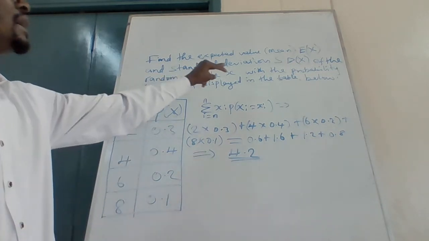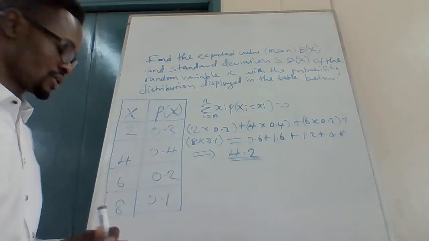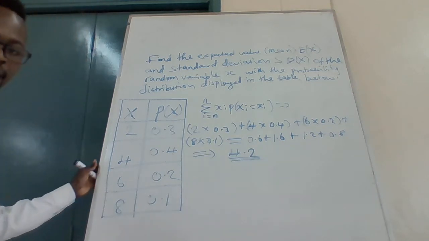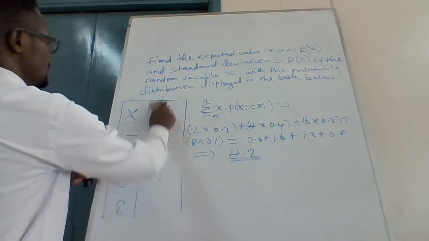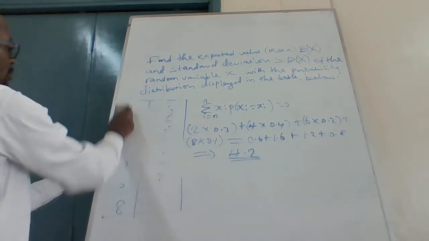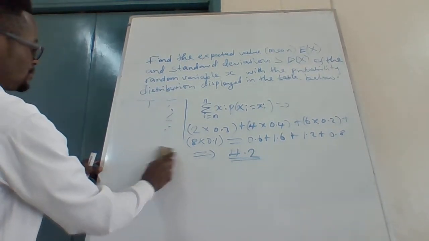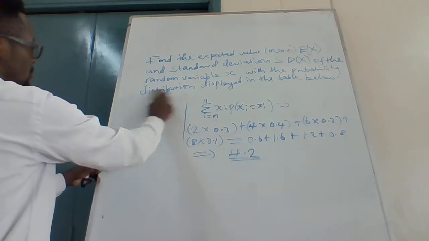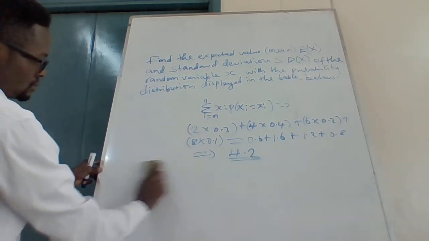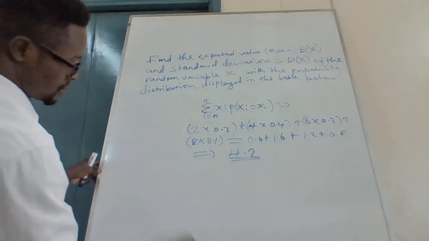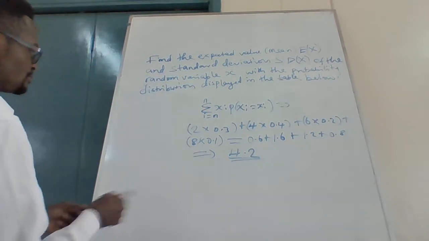Now we have to find the standard deviation. We can get rid of this so that we can use this side of the board. Good.